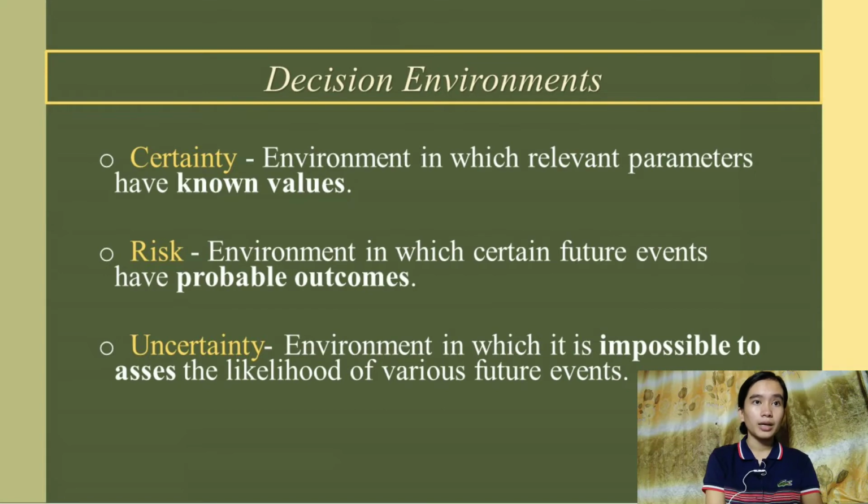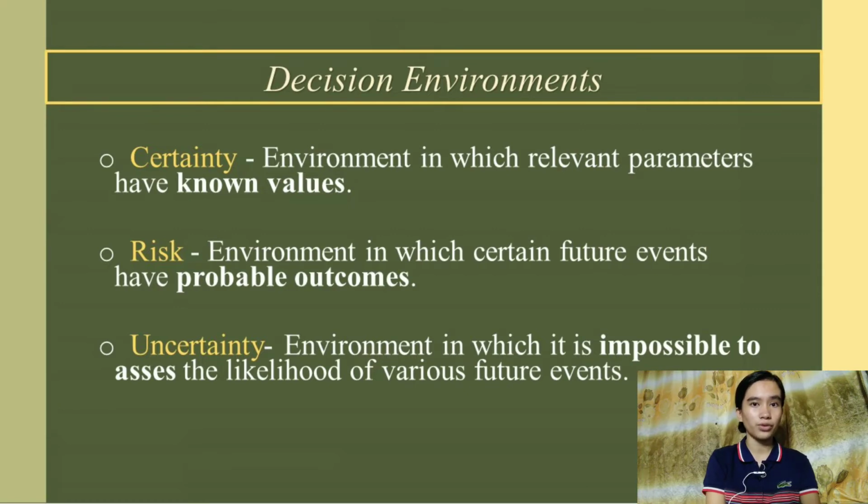And risk, on the other hand, is the environment in which certain future events have probable outcomes. This is only probable outcomes, so probability lang. The future is not sure, and the best example of this will be the investment in shares wherein the investment might fluctuate over time.